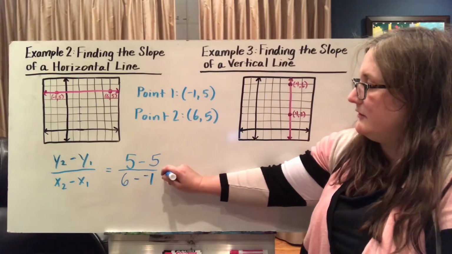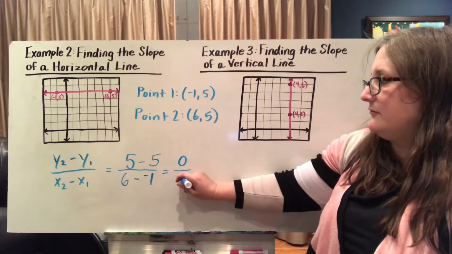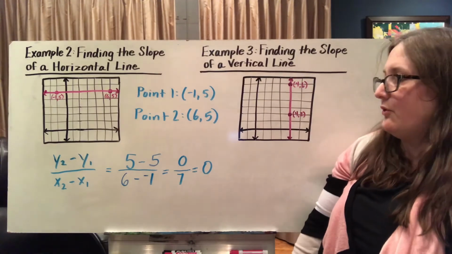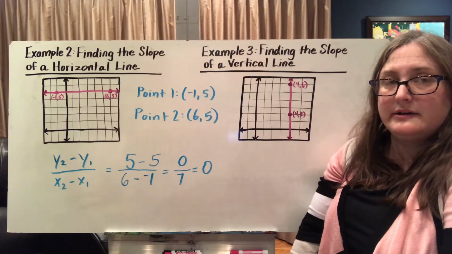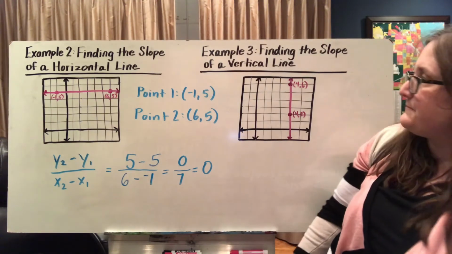So 5 minus 5 is 0. 6 minus negative 1 is 7. 0 out of 7 is 0. So the horizontal lines have a slope of 0, which makes sense because they're not sloping at all. They're just flat, so slope of 0.